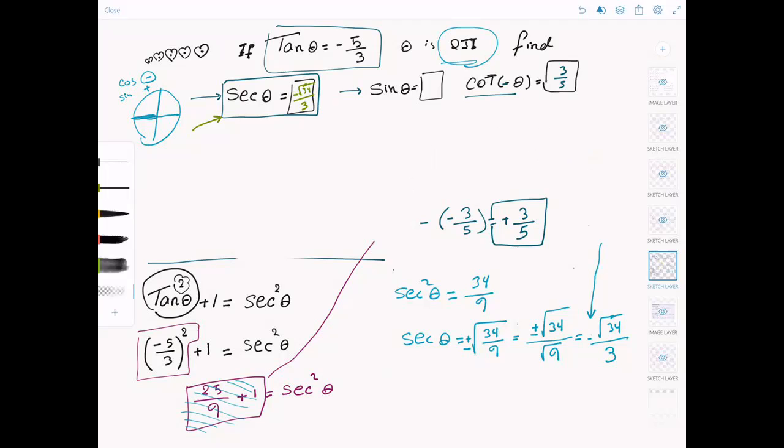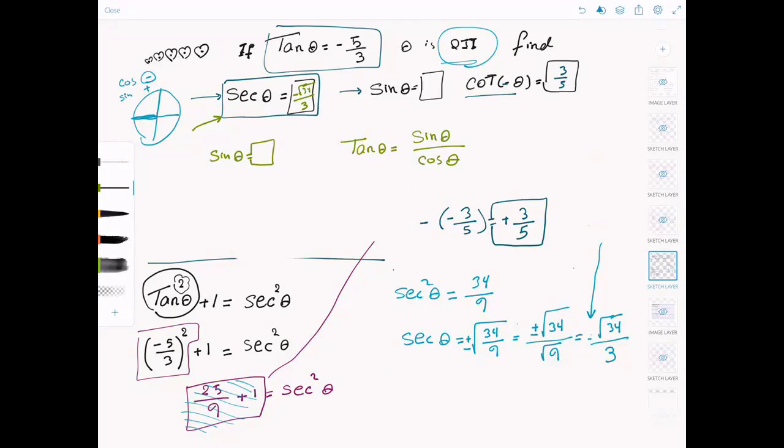So sine of theta, we want to solve for sine. Sine being super lonely. How do we get sine? We know tangent of theta equal to sine of theta over cosine of theta. Good.